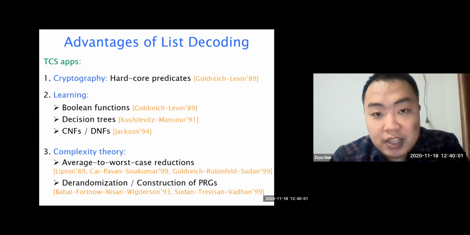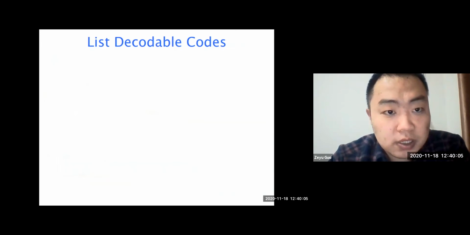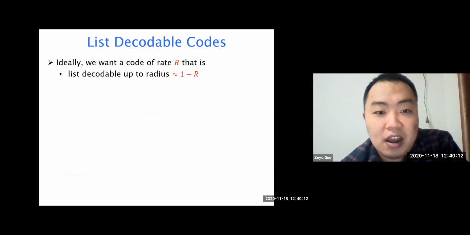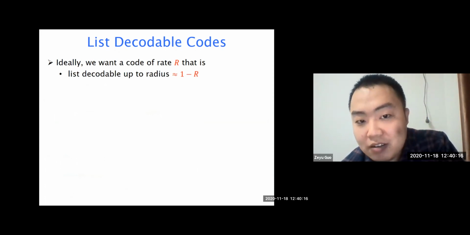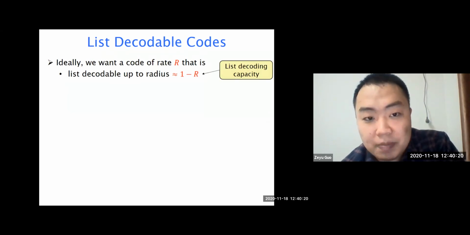So given that list decoding is very important, we want to construct good list decodable codes. So what do we want? Ideally, we want a code of rate R such that the code is decodable up to the radius 1 minus R. This is the best one can hope for. And we call this list decoding capacity.